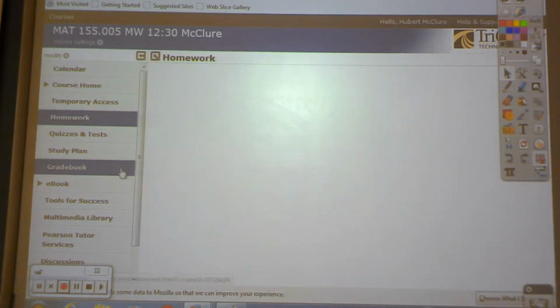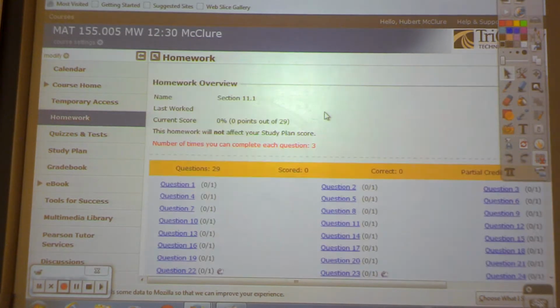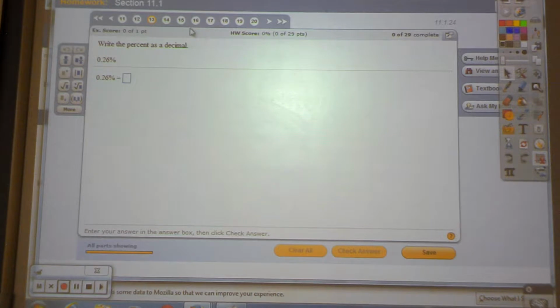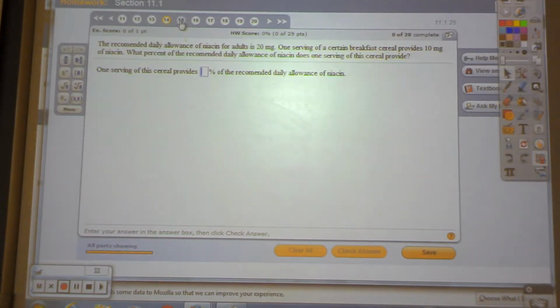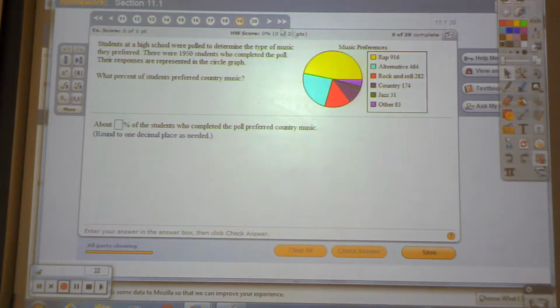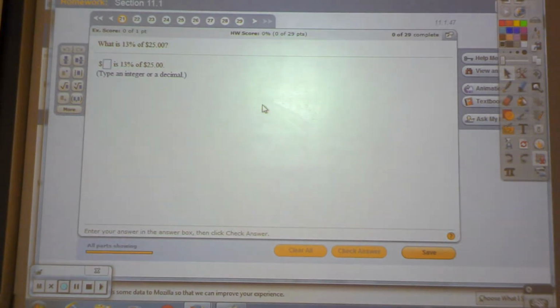All right, 11.1, 11.1. Simple. They don't give you any simple ones. Huh. There it is.